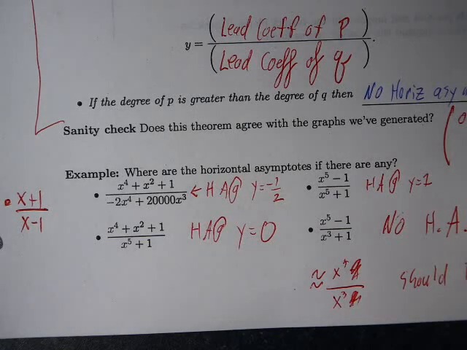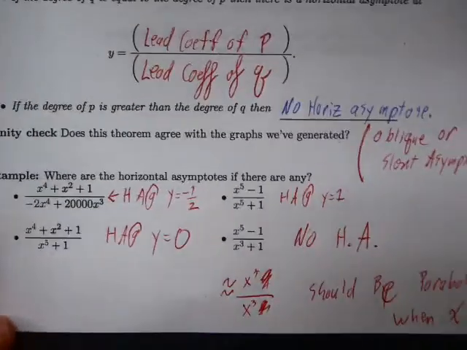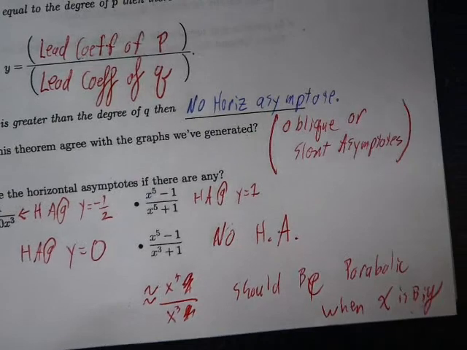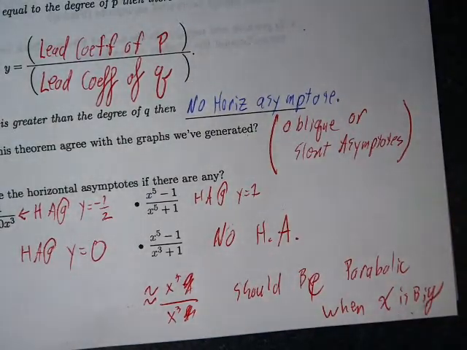Let's just check that really quickly. So that should be a parabola when x is big. And happily, I do have this function graphed by the magic of television. So there's the graph of this function. Do you see a parabola happening in that graph?